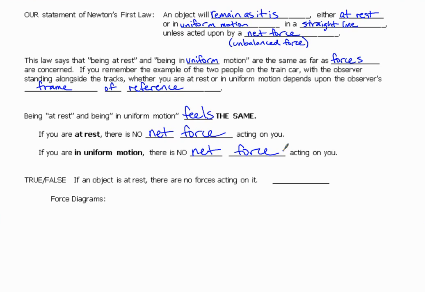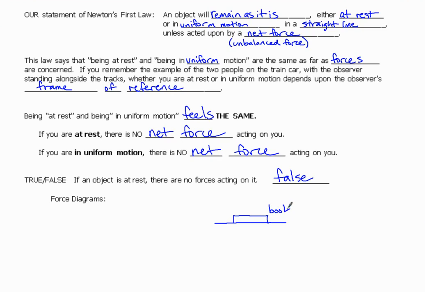True or false? If an object is at rest, there are no forces acting upon it. The answer here is false. So we can draw what we call force diagrams. Here's an example. This is a book on a shelf.